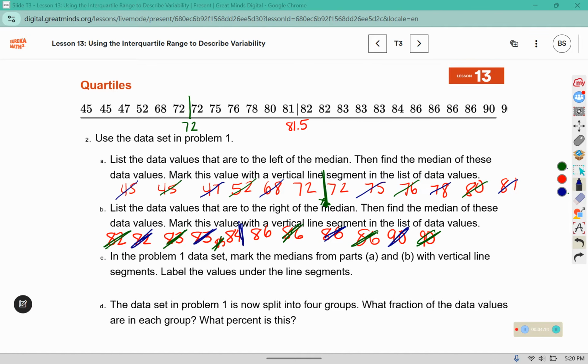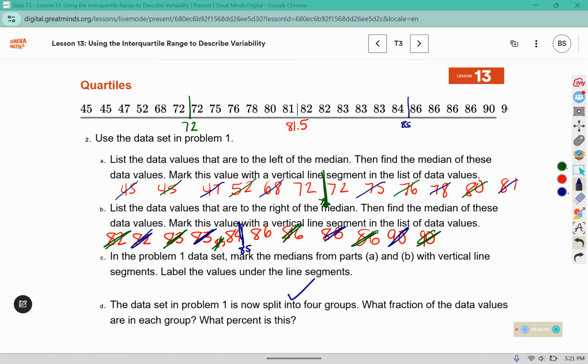So then in the middle of 84 and 86 is 85. There are 1, 2, 3, 4, 5, 6 data values here, and 1, 2, 3, 4, 5, 6 data values there. This last one got cut off just a little bit. In problem 1, mark the medians from part A and part B with a vertical line segment and label the values under the line segments. So I've done that in the problem.